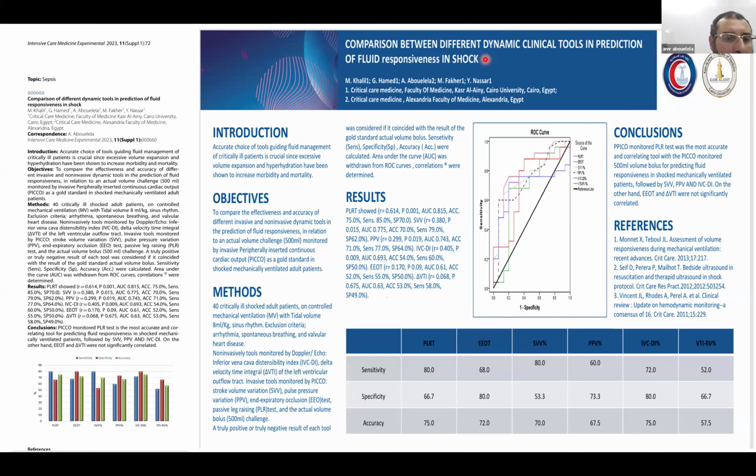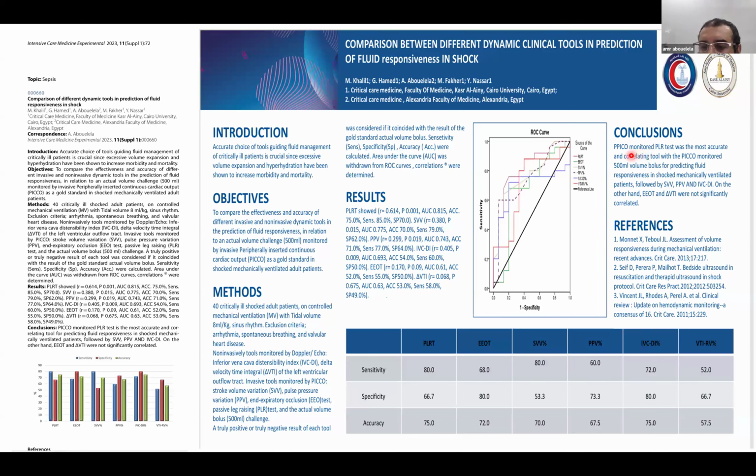We did 2 clinical tests, the passive leg raising test and end expiratory occlusion. We did the IVC respiratory variation, and from the PiCCO, we got the stroke volume variation and pulse pressure variation. The aim of the study was to compare the effectiveness and accuracy of each of these parameters to predict fluid responsiveness.